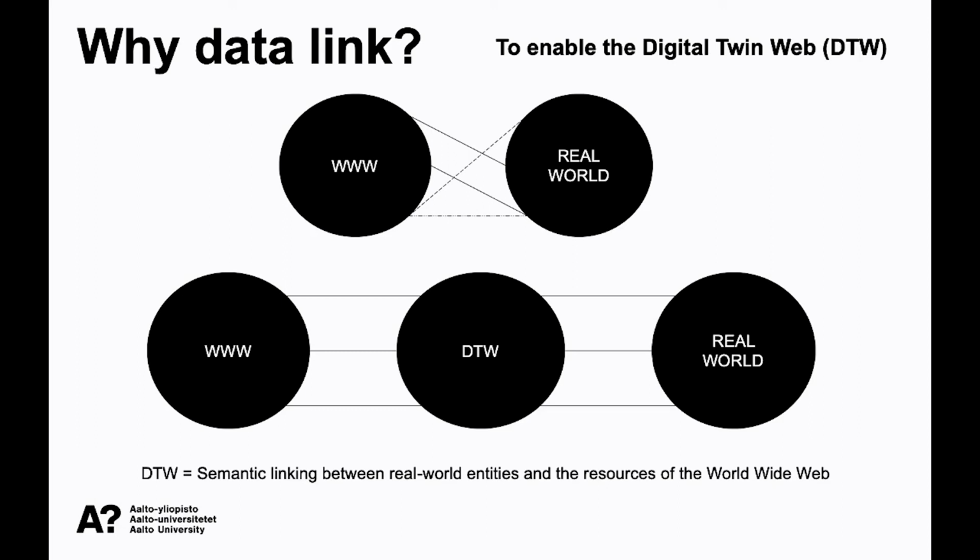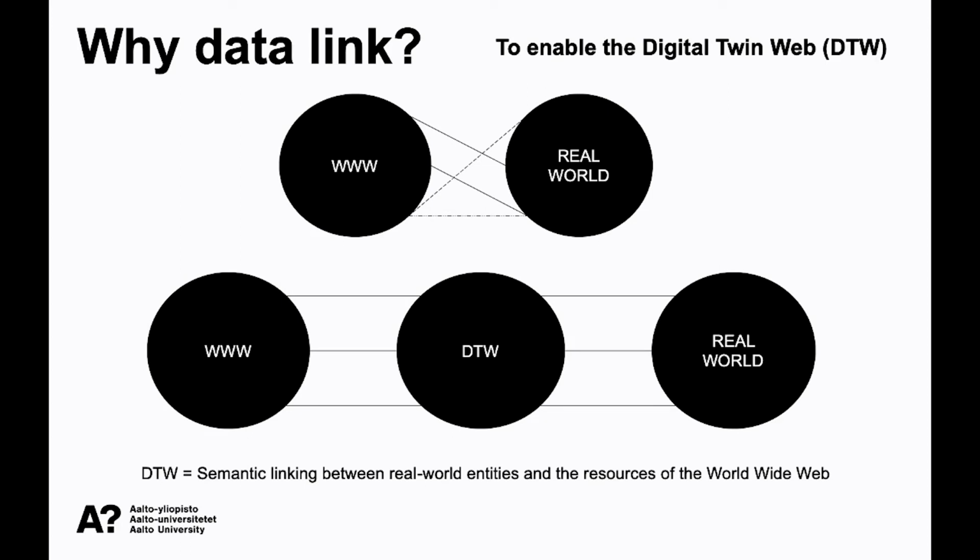And here we can see that the links between World Wide Web and digital twin web are not messy, they are straight lines. And between digital twin web and the real world, it's very easy to understand.